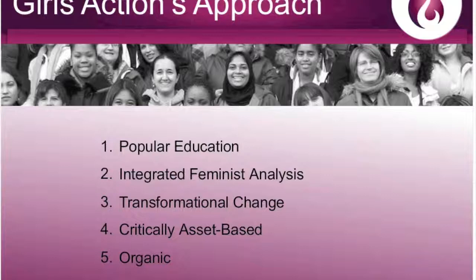So that leads me to the third approach, which is transformational change. For us, the way we see that in working with girls that are usually 10 to 16 years old is looking at both individual and collective action to address any form of discrimination or oppression that the girls may live in their lives. And that means that there's change on multiple levels.